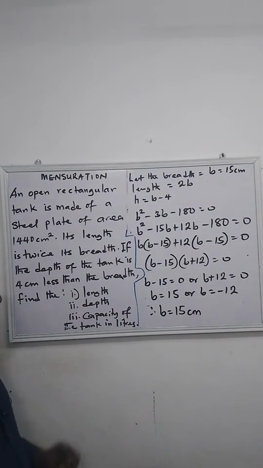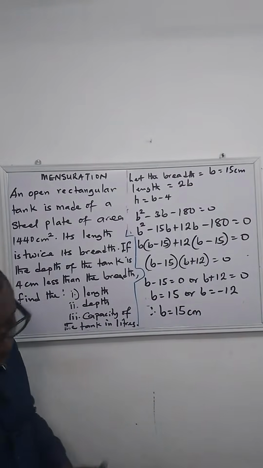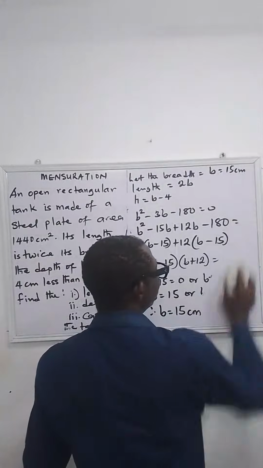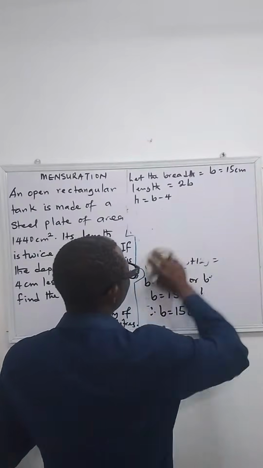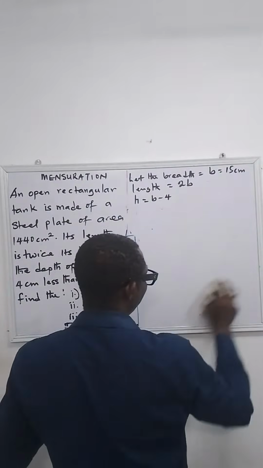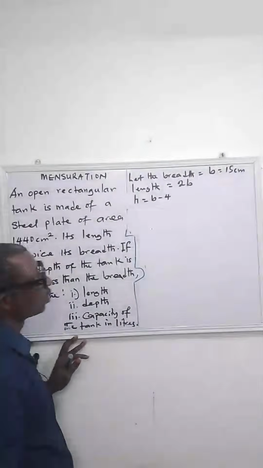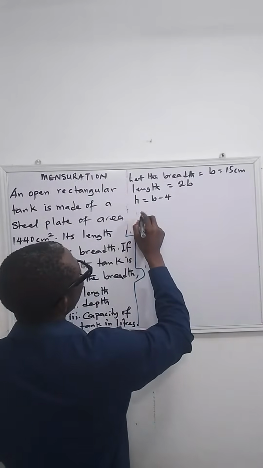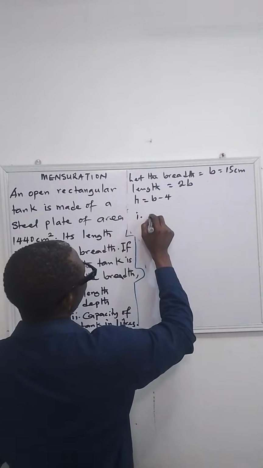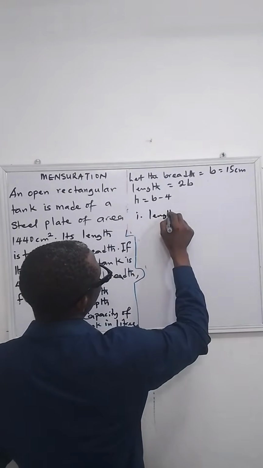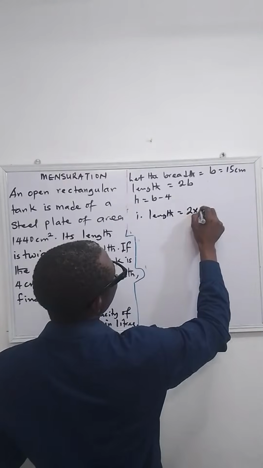Now, the question asks us to find the length. So what is going to be the length of the tank? The length of the tank will be 2 times 15. So Roman numeral 1, length equals 2 times 15.